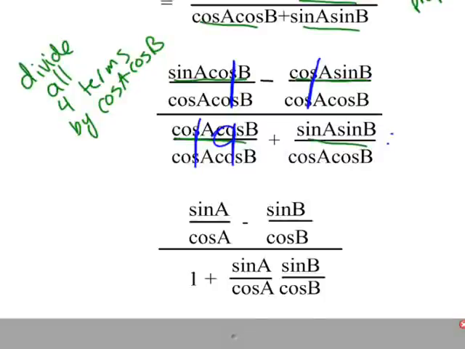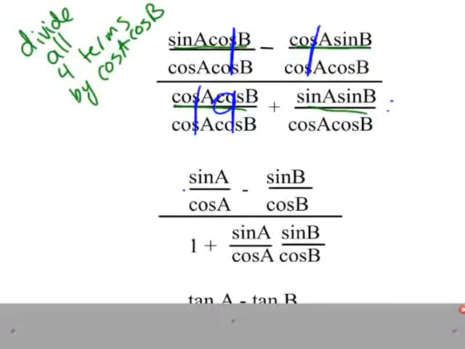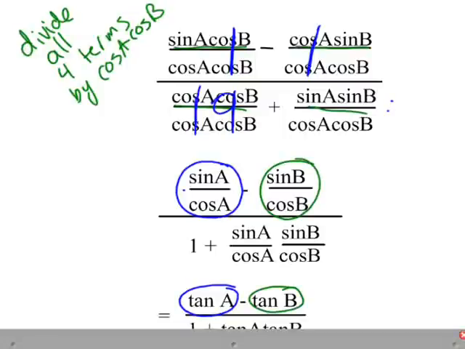Now we're going to use our quotient property and recall that sine of a over cosine of a is equal to tangent of a. And we know that sine of b over cosine of b is equal to tangent of b.